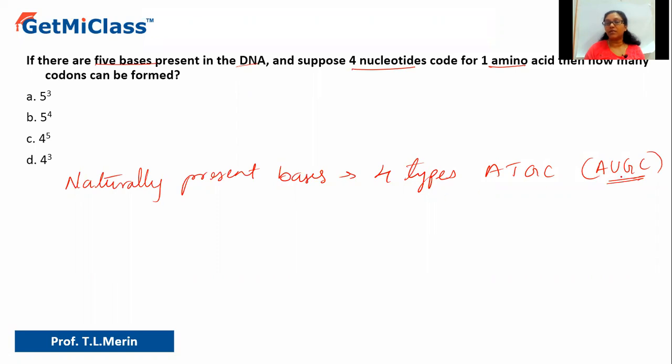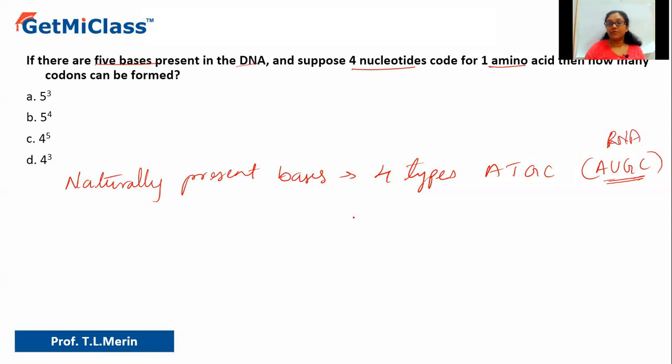Because the codons we are talking about are in terms of RNA. The codons we consider for the synthesis of proteins use tRNA containing the anticodon which carries the amino acid. So we always express the codons in terms of RNA sequence. It is AUGC which is actually present.